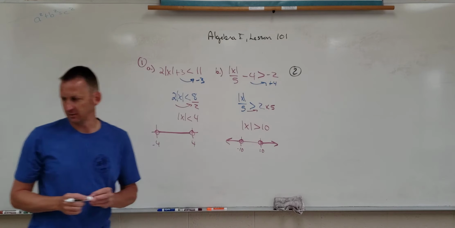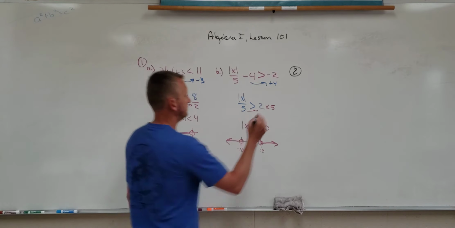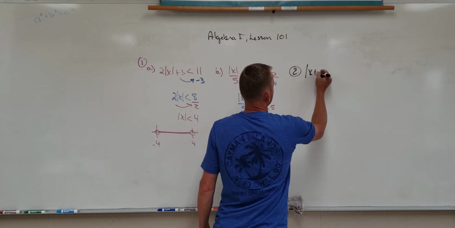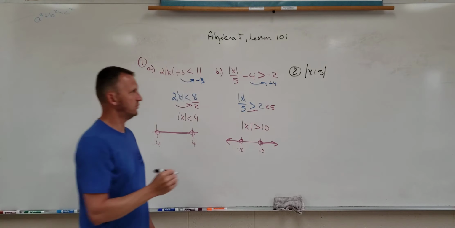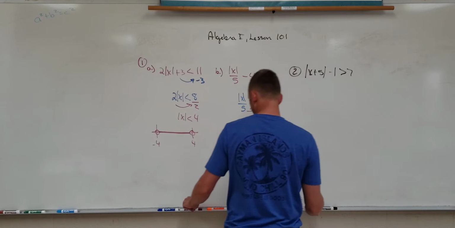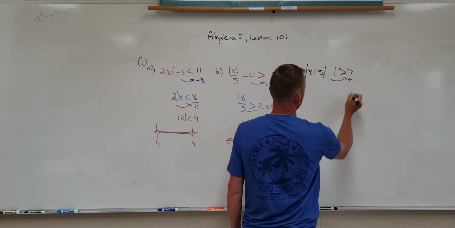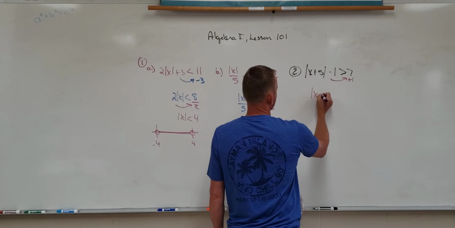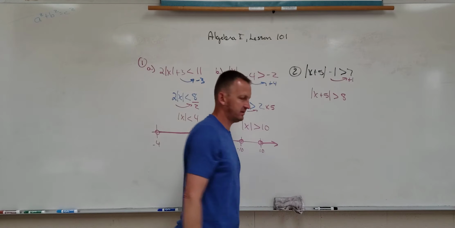Example 2 says solving inequalities with one operation inside the absolute value. So here we go. Example 2. We have absolute value of x plus 5 minus 1 is greater than 7. So, taking my minus 1 to the other side and adding, absolute value of x plus 5 is greater than 8.